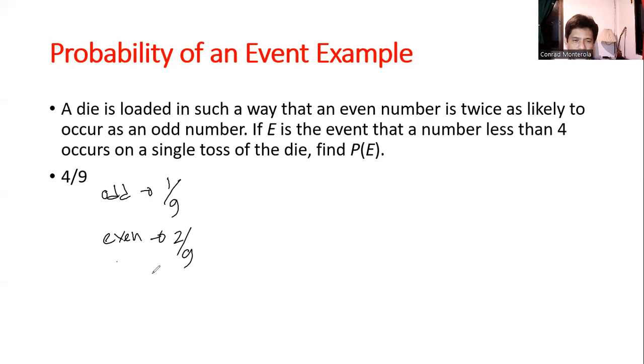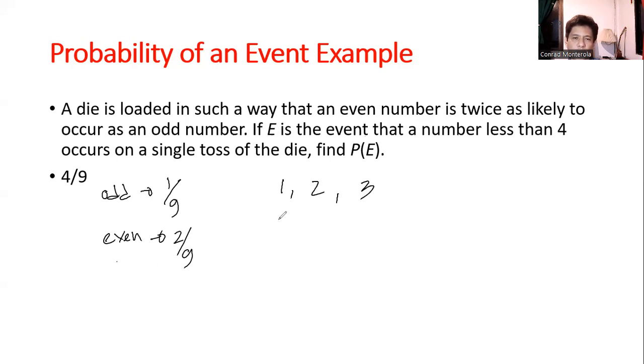Okay. So if we are trying to calculate the probability of event E, that is the number would be less than 4. So we have 1, 2, and 3.